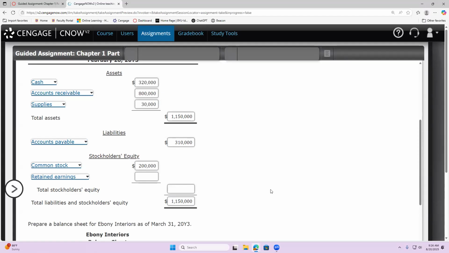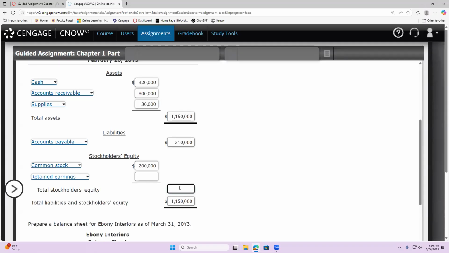We also know then that the total of liabilities and stockholders' equity is going to be this total of liabilities plus this total of stockholders' equity. So I could take that 1,150,000 and subtract the liabilities of 310,000. And that's going to give me my total stockholders' equity.